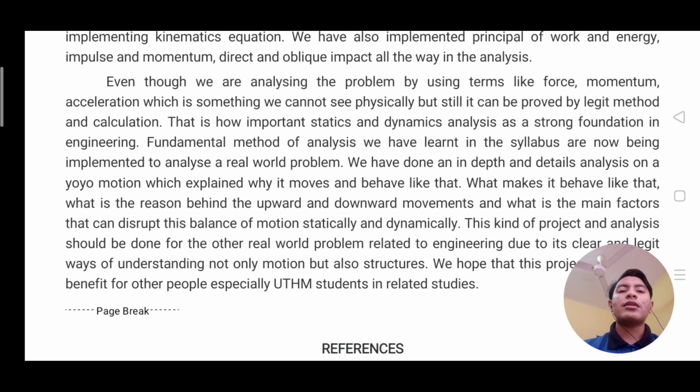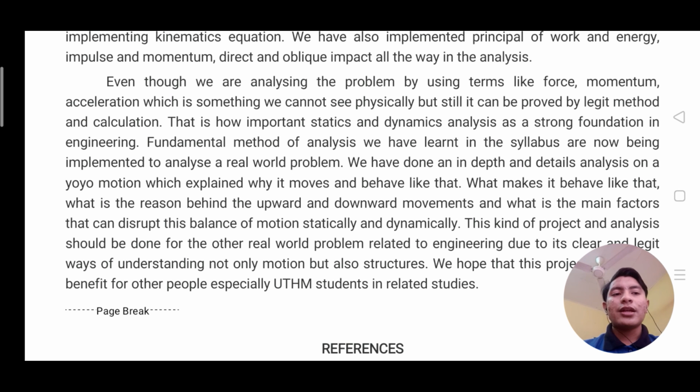Fundamental methods of analysis we have learned in the syllabus are now being implemented to analyze a real world problem. We have done an in-depth and detailed analysis of yo-yo motion, which explains why it moves and behaves like that, what makes it behave like that, as well as the behavior in terms of the forces around it.